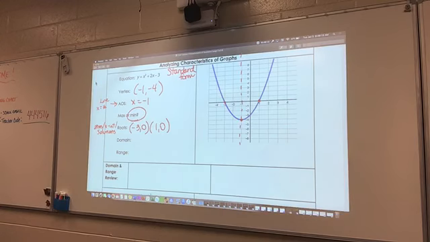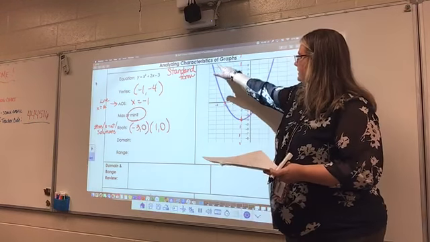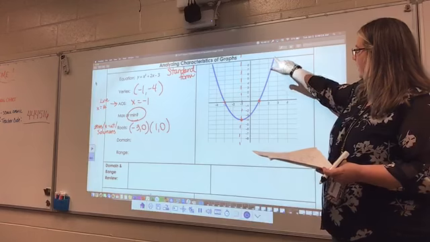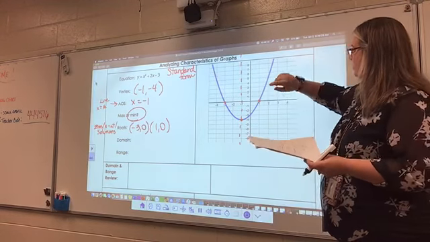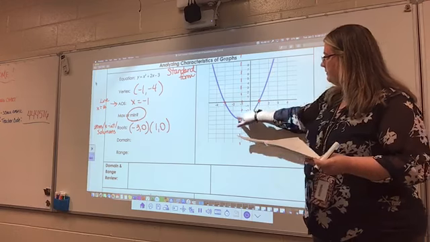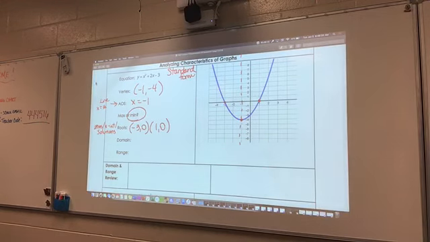Domain. So think about this: for this blue line to exist, there are ordered pairs generated by that particular equation, and when I connect all of those dots, all those ordered pairs, it gives me that function. So how many x's, or what type of x's, would exist to help generate the domain?